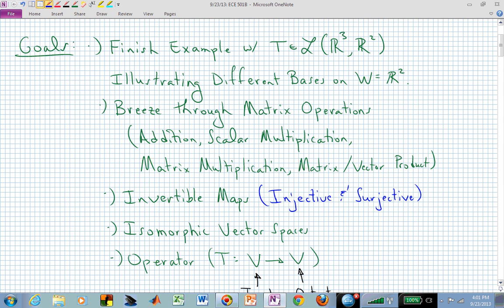It wasn't a part of your explicit homework assignment, but I asked you to find a matrix representation where we had different basis vectors for the output space, the W. We'll finish that up. We'll try to quickly go through these matrix properties: matrix addition, scalar multiplication, matrix product, and matrix vector product. We'll sort of quickly go through that.